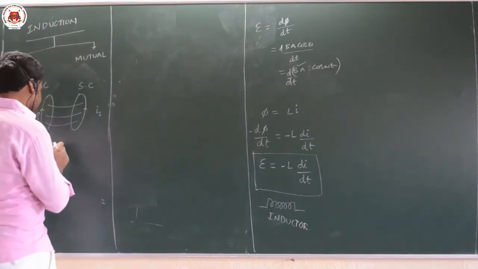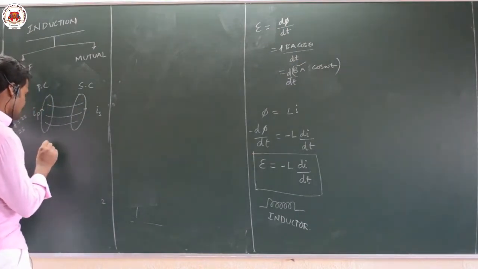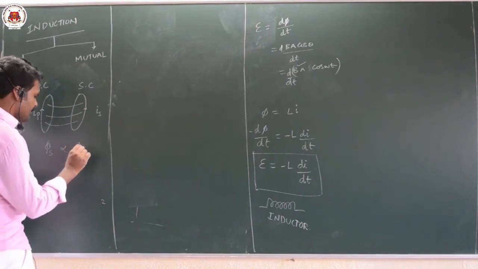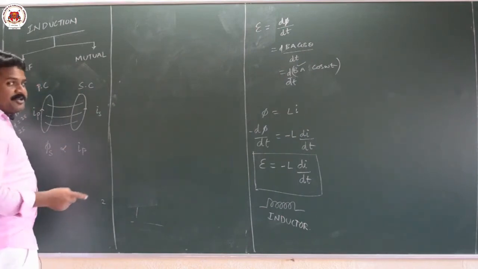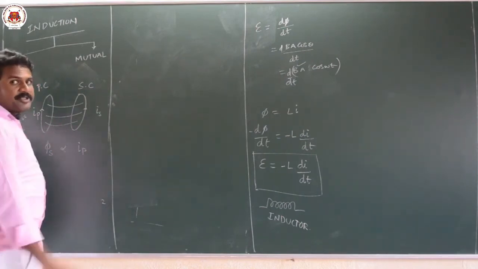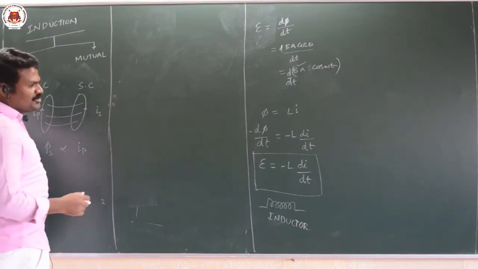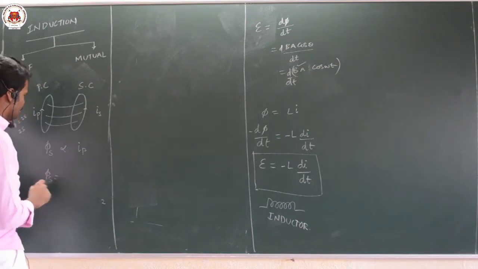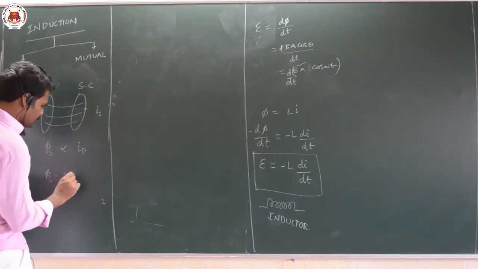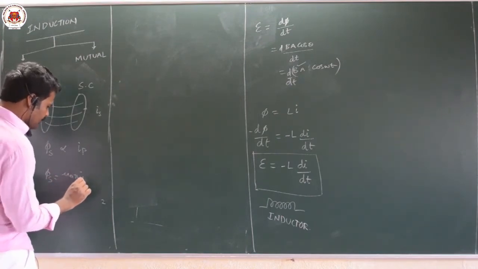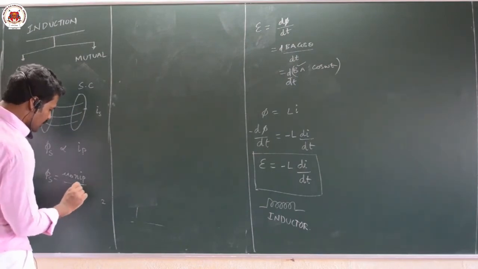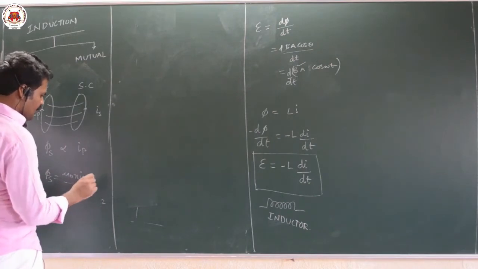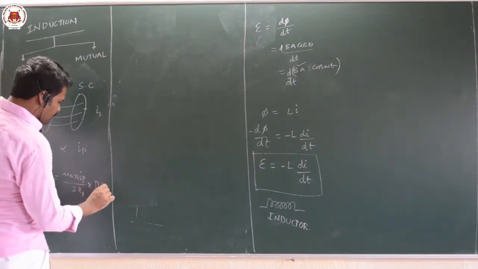So, flux linked with secondary is proportional to current in primary, because flux linked with secondary is only because of primary, as they are very closely associated. You can take the same formula: flux linked with secondary will be equal to mu naught n Ip, this is B, into A, the area of secondary.